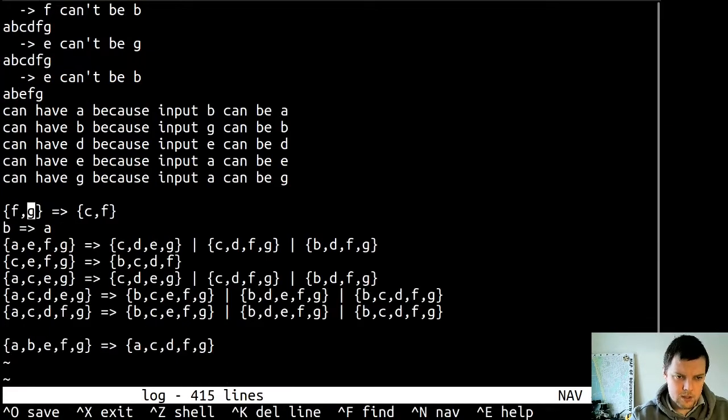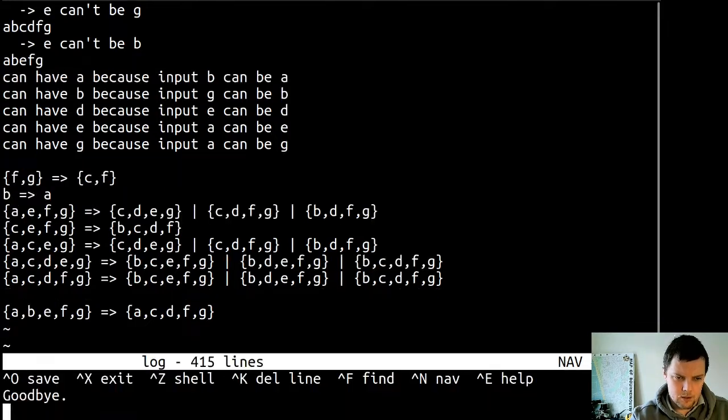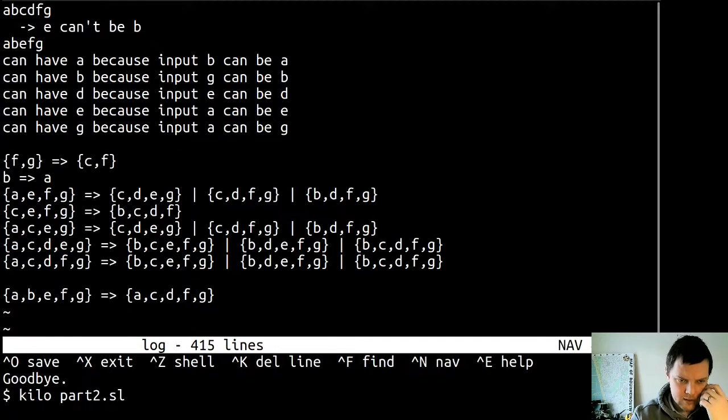Oh, so as well as saying that all the others can't be C or F, we need to say that F and G can only be C or F. Although that still doesn't explain why it thinks there's a contradiction.